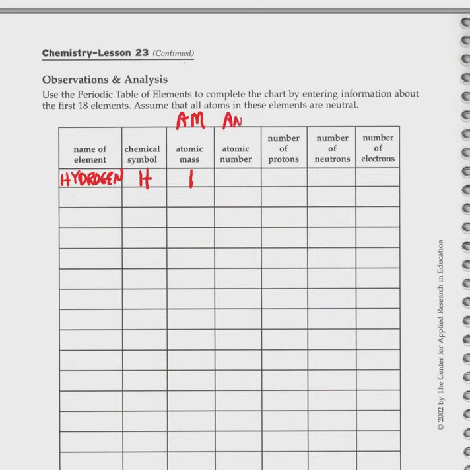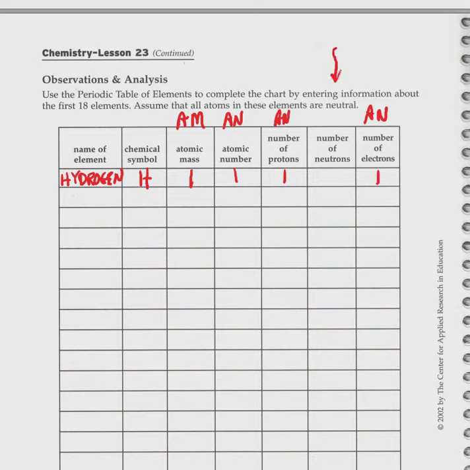The atomic number for hydrogen is 1. The number of protons is the atomic number, so that's 1. The number of electrons is the atomic number, and that's 1.